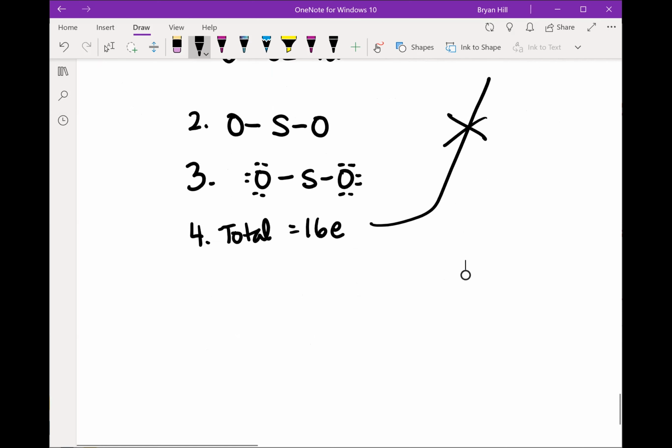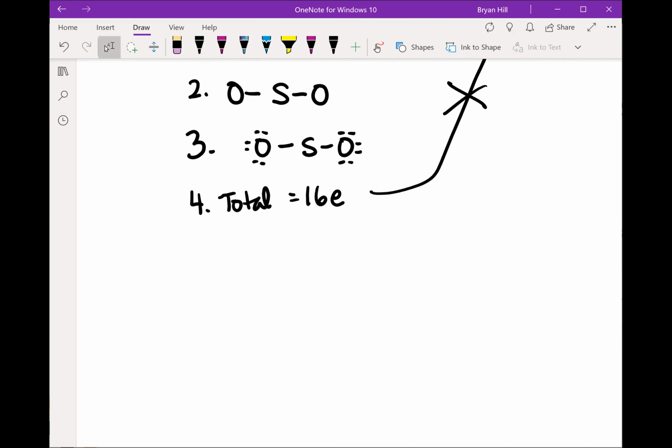So what we need to do is add some electrons to sulfur. So now we've got the correct number of electrons. We had to add those electrons to the center atom.